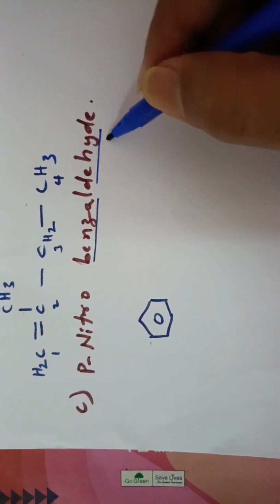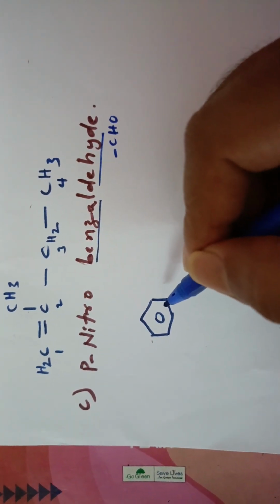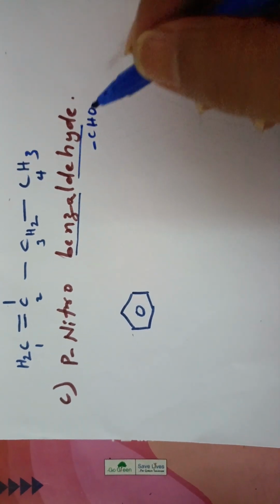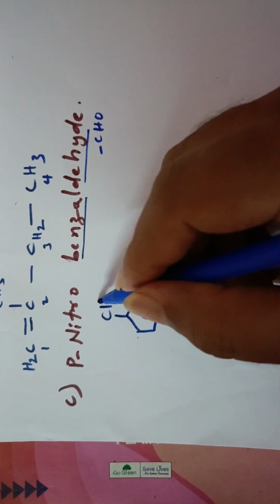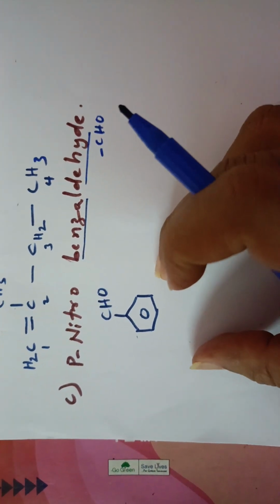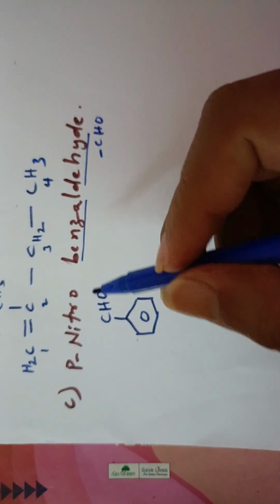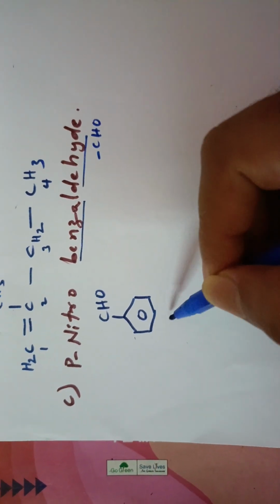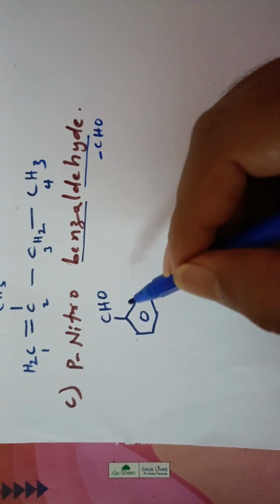Aldehyde means the CHO group is the aldehyde group. This is the benzene ring I wrote here, and this is the aldehyde, so I am writing here CHO. This is the benzaldehyde. To this, a nitro group is there. Where is it? Here, where is it? This is the ortho position. This position is called.